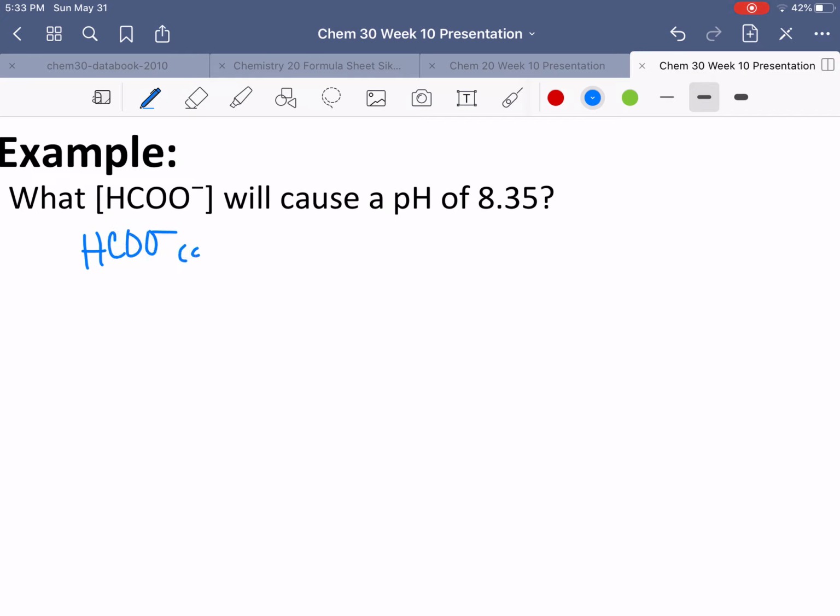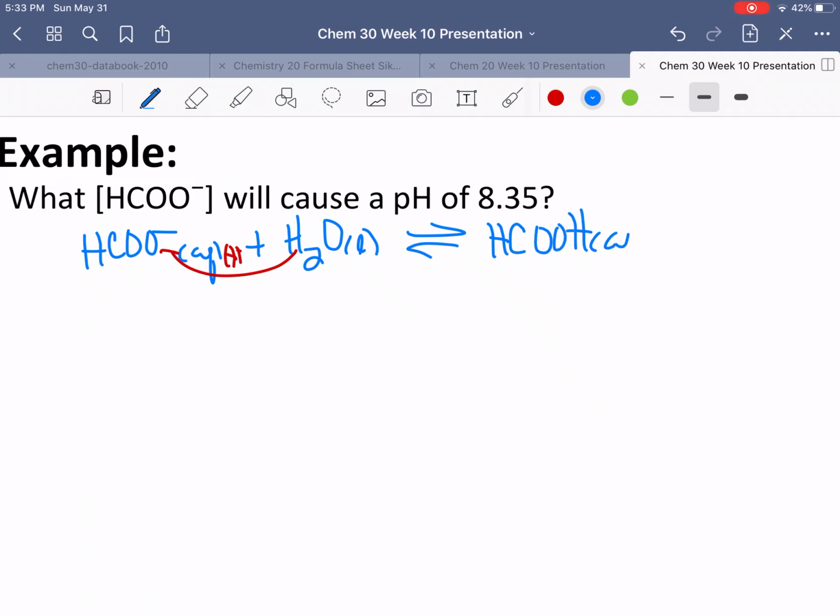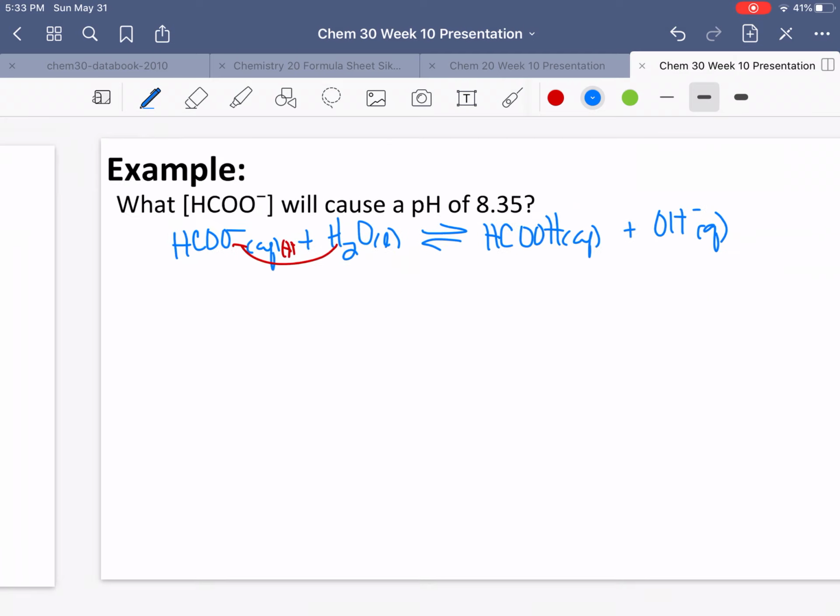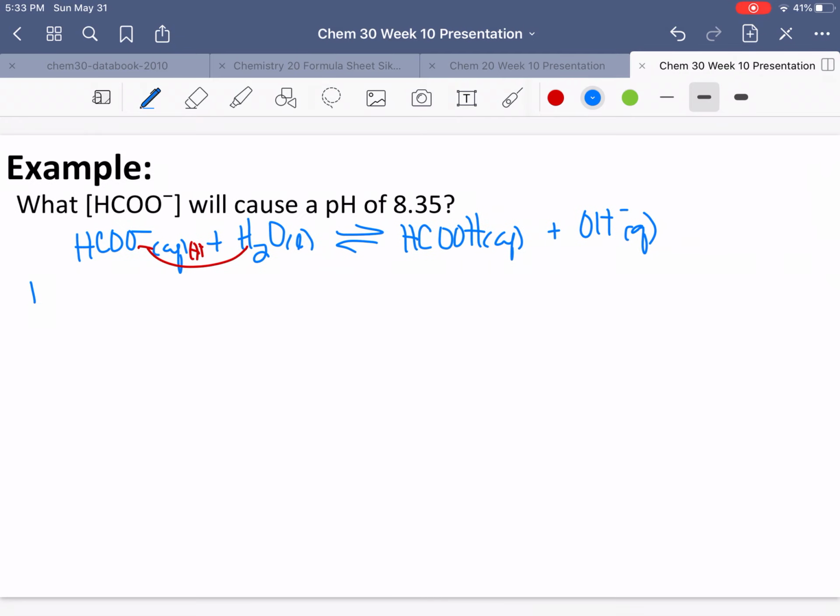HCOO negative aqueous is going to react with water, H2O liquid. The water is going to transfer a proton over. We are going to end up with formic acid, HCOOH aqueous, plus that hydroxide ion, aqueous. Weak acid, which means we have our equilibrium situation.